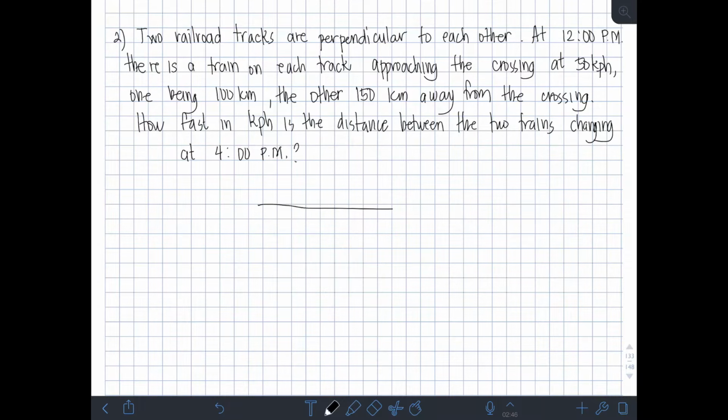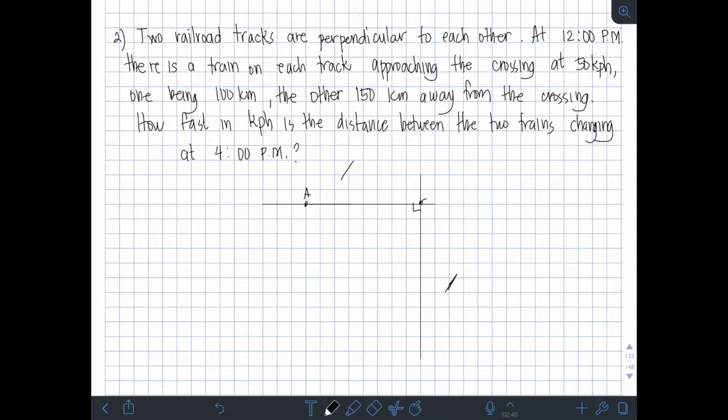So, meron daw dalawang perpendicular na tracks. Okay. So, let's say, ito yung isang railroad track, tapos ito yung isang railroad track. So, perpendicular sila. Ito yung intersection nila. Tapos, meron daw dalawang car na nag-a-approach dito sa intersection. So, let's say, meron tayong car na isa at point A. So, ito yung position niya.